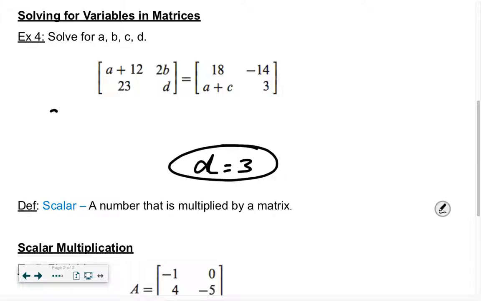Let's go back to A. A plus 12 is equal to 18 over here, right? Well, it didn't set up exactly nice for us. It wasn't as straightforward. But we do know that that first entry is A plus 12. And that has to be equal to that value of 18. Therefore, by our algebra, A must be equal to 6.